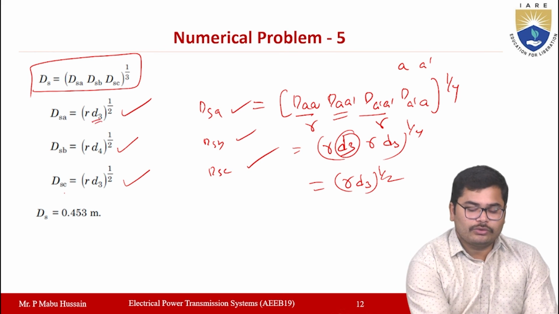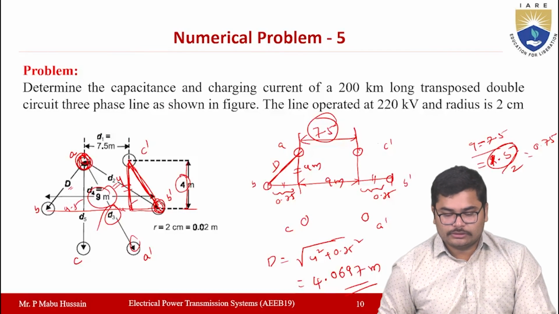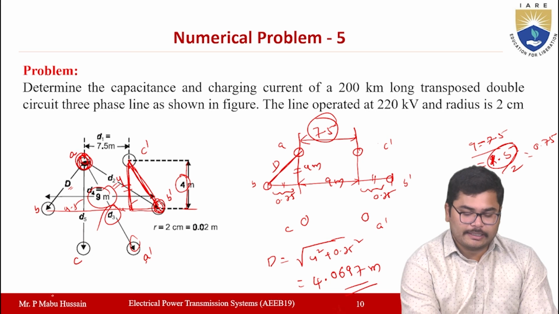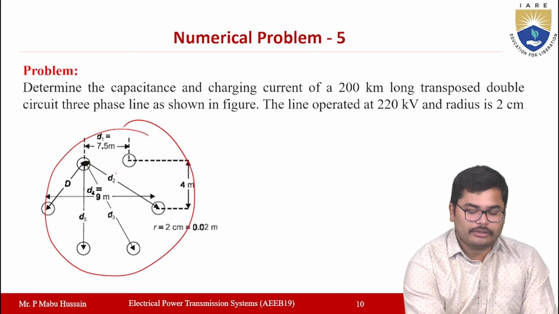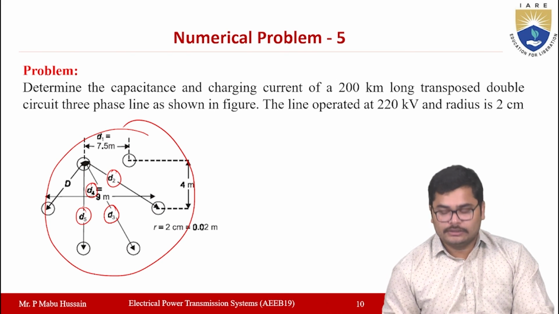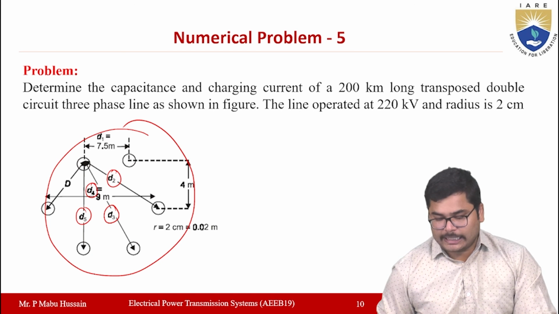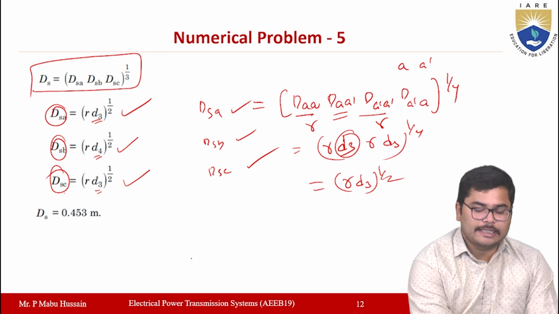Now you have to find out the values of D3, D4 and D3 from this diagram. From this diagram you have to find out the values of D3, D2, D4 and D5. By taking any one right-angled triangle, you will get the values of DSA, DSB and DSC.